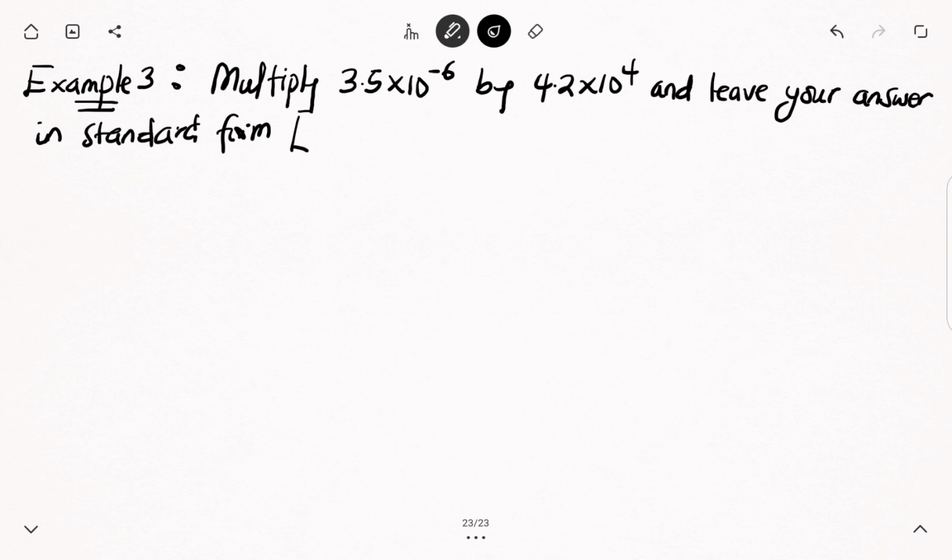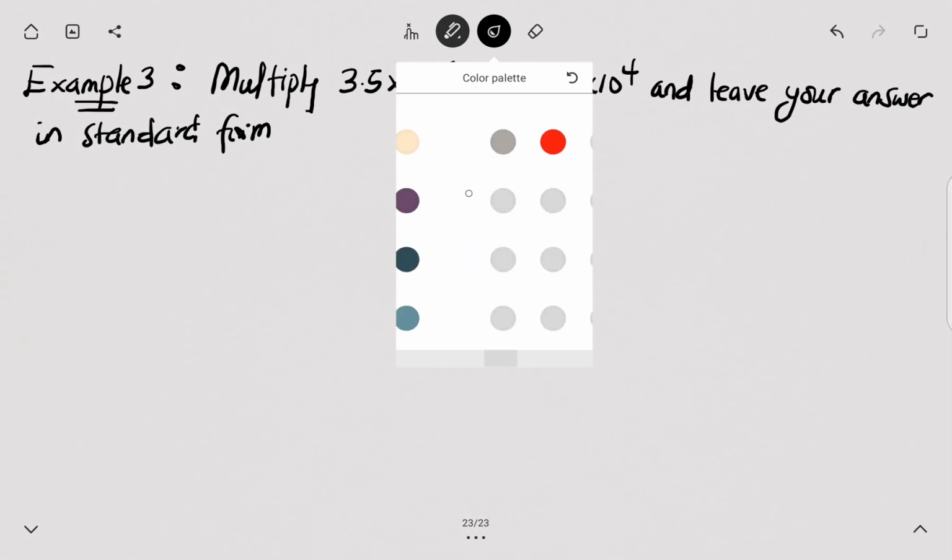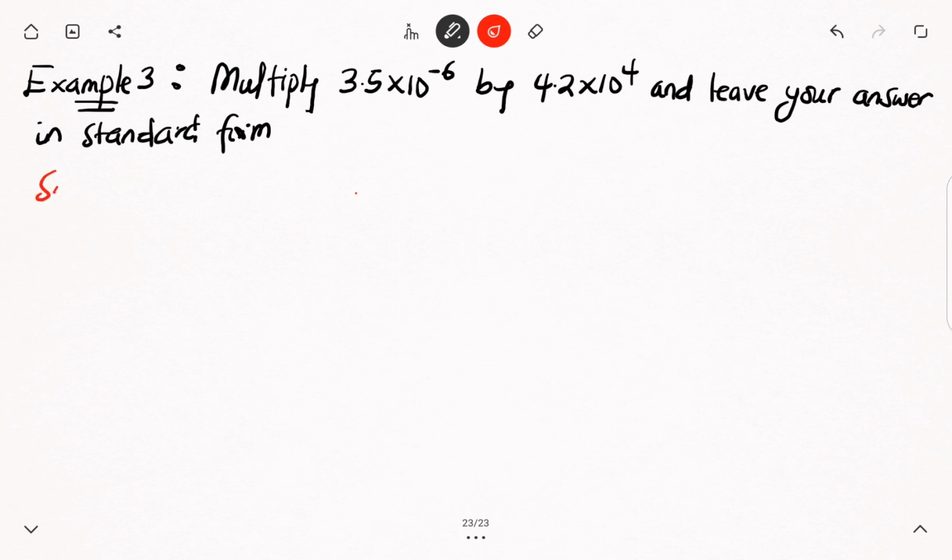Okay, so let's have a look at the solution to this problem. So I have 3.5. Now you can pause the video and then do the calculation yourself, then compare with mine to see if you have the same answer.